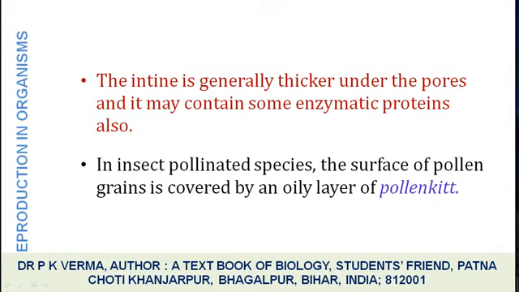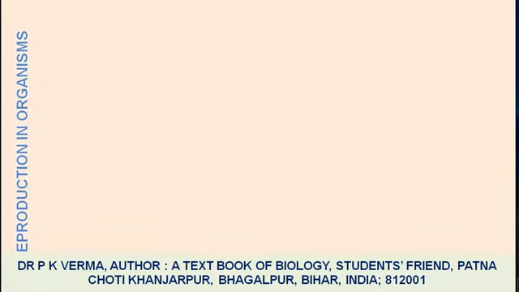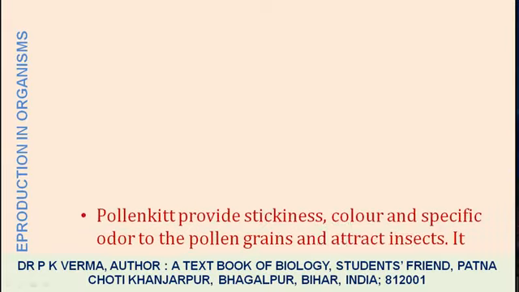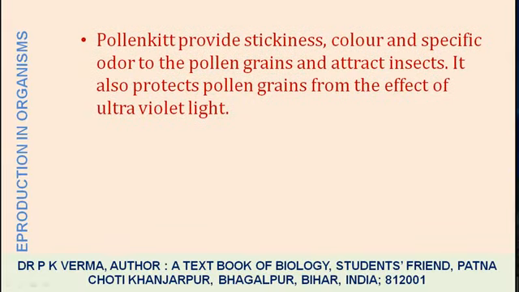In insect pollinated species, the surface of the pollen grain is covered by an oily substance known as pollen kit. The pollen kit provides stiffness, stickiness, color, and a specific odor to the pollen grains.